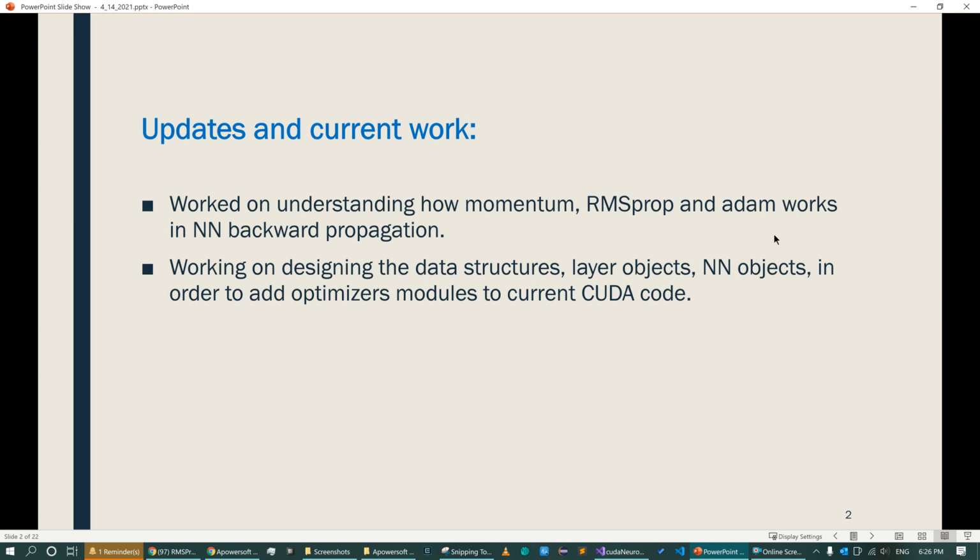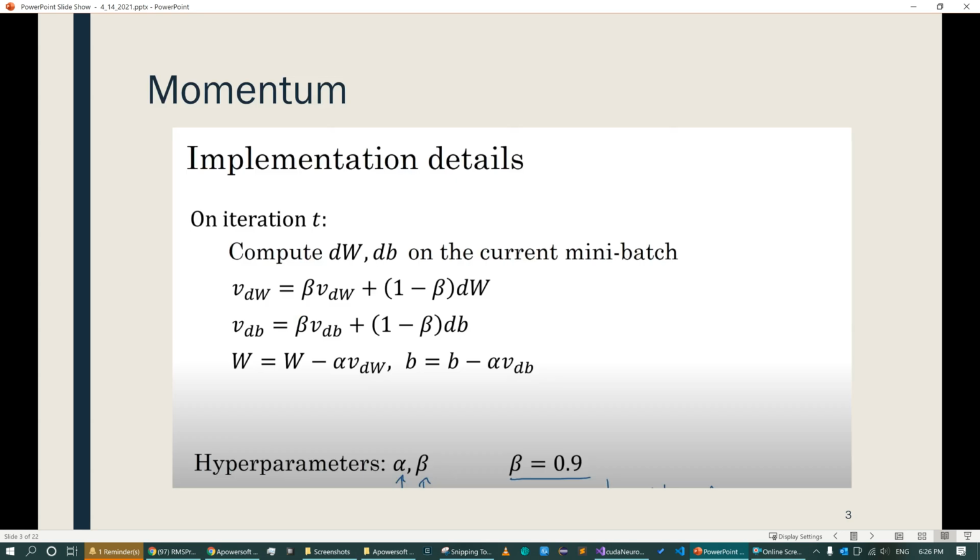Each one of them will be working in the end in our implementation. So that is the purpose of the design right now. We're thinking about the best, most efficient way to deal with the data and the objects, and trying to make the code as efficient as possible.